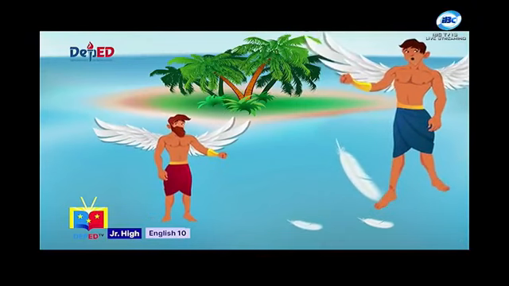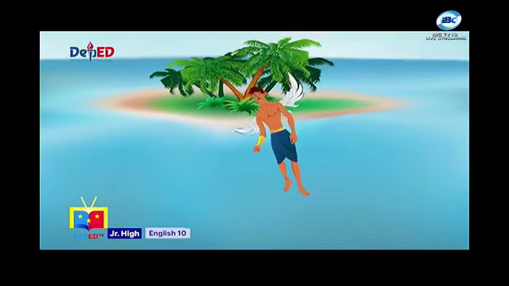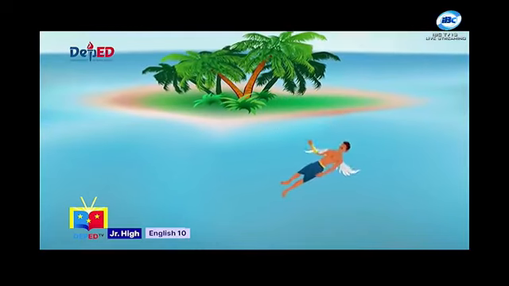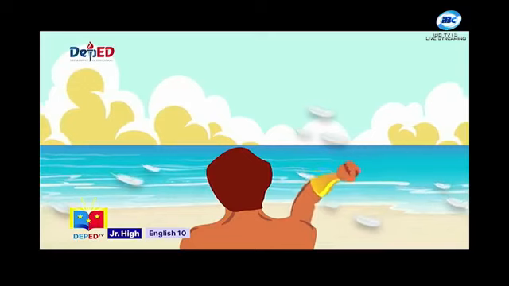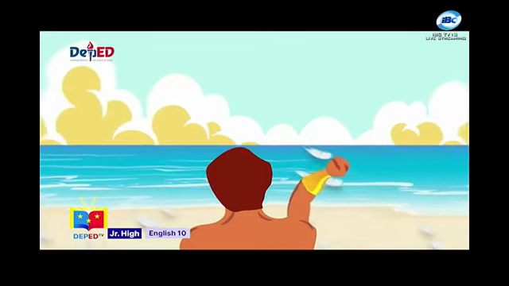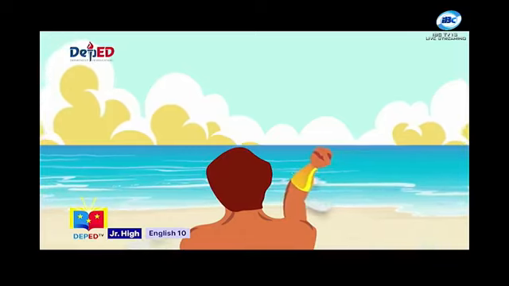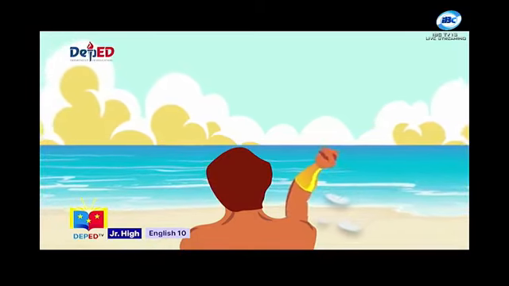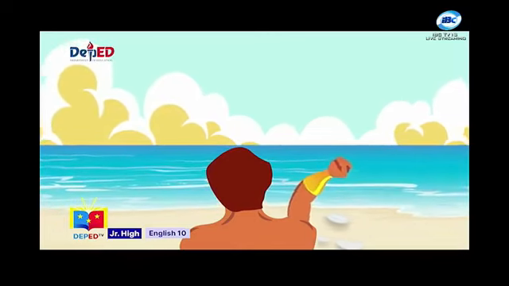"Help!" he shouted. But before Daedalus could reach his son, poor Icarus fell with a heavy splash into the water. Daedalus saw nothing but the feathers afloat on the ocean, and he knew that his son drowned. Daedalus named the ocean Icaria in remembrance of his son and left with a heavy heart.